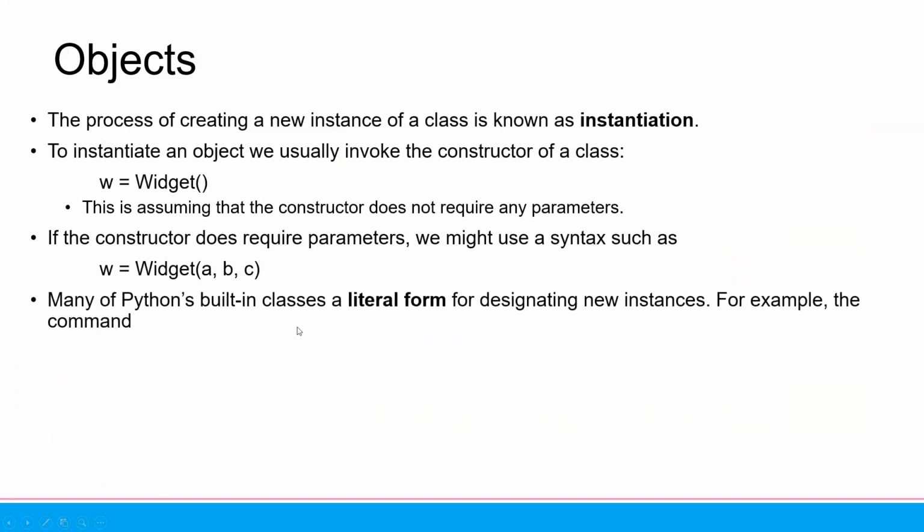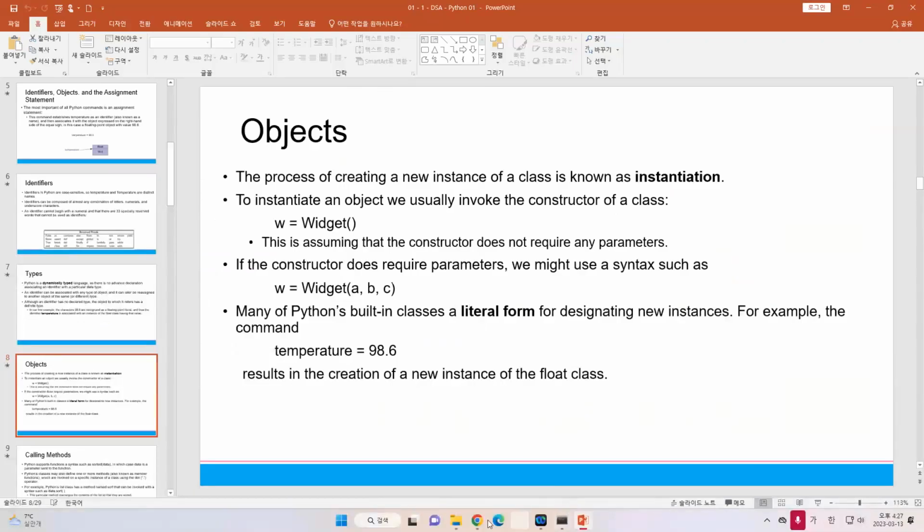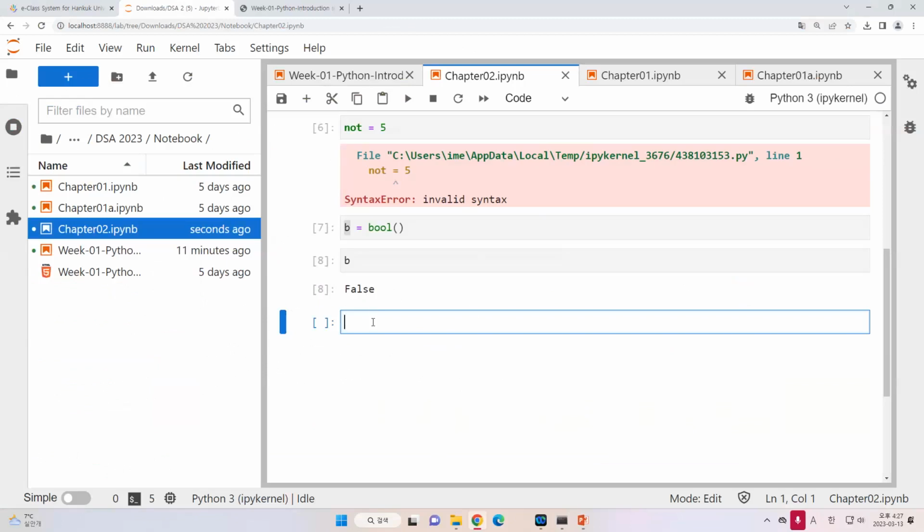Many of Python's built-in classes have a literal form for designating new instances. For example, this one is creating a new instance of the float class. So let's say I have b equals bool, 3 is greater than 2. So I have one parameter and the parameter is a kind of condition.